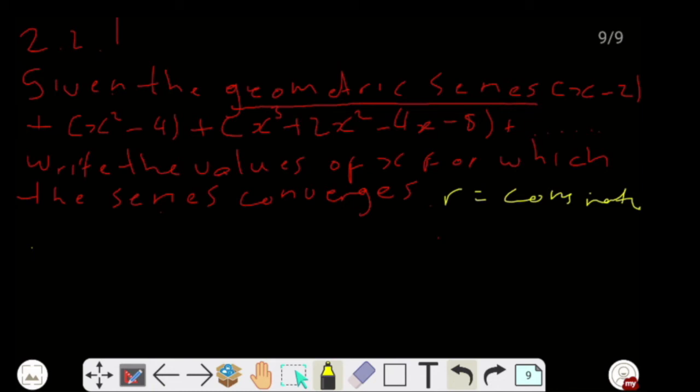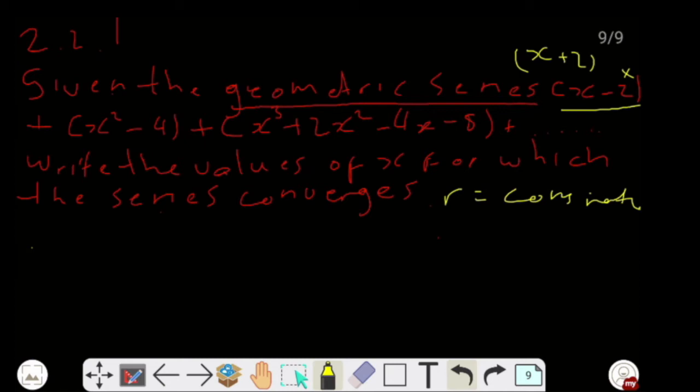Now, finding your constant ratio, what do we need to say now? The first term here, as you can see, is x minus 2. How do we get to the next term, right? We get to the next term by multiplying the first term by what? By x plus 2.